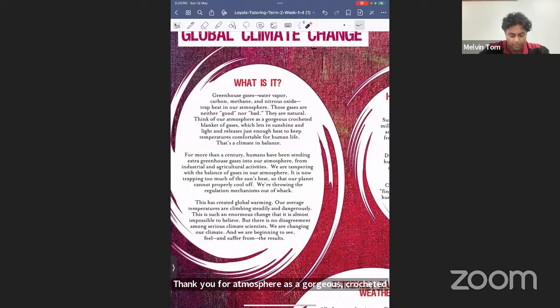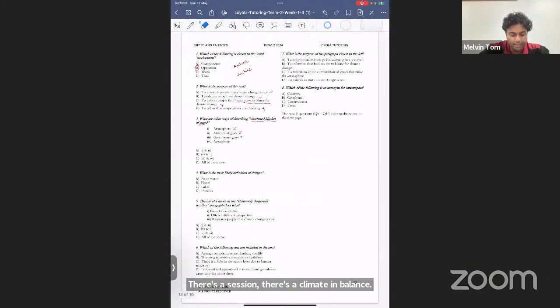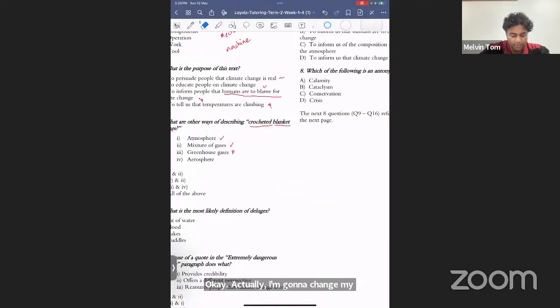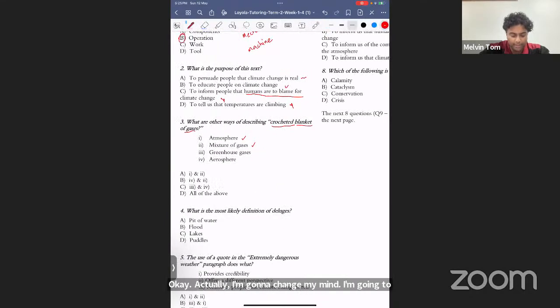So these gases, neither good or bad, they're natural. Think of our greenhouse gas, which essentially releases enough heat that there's a climate imbalance. Okay. Actually, I'm going to change my mind. I'm going to allow greenhouse gases.